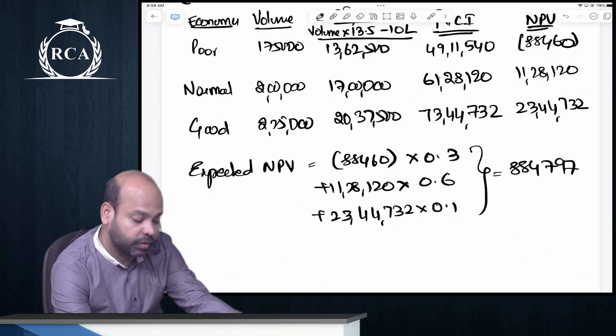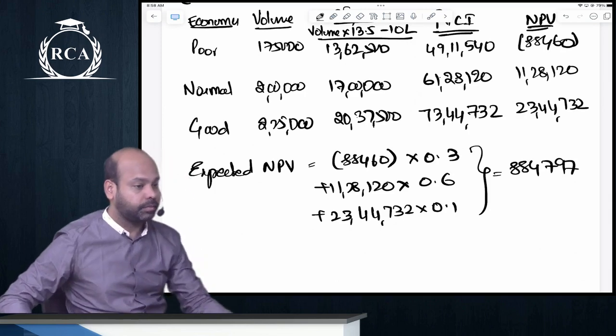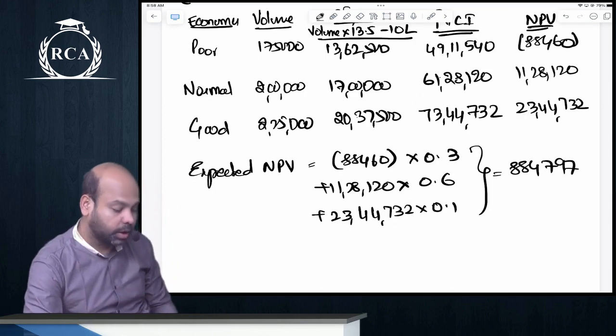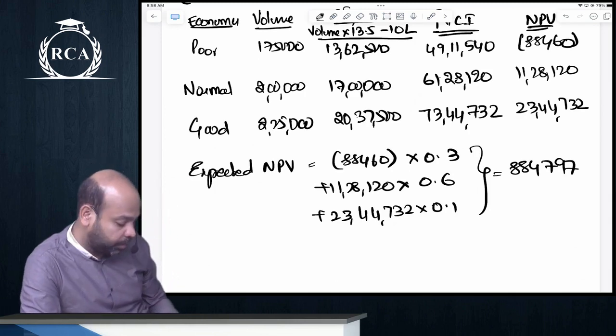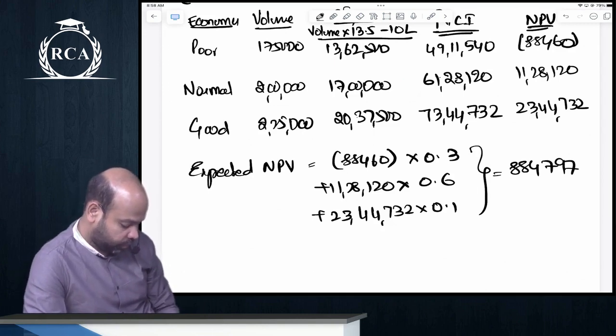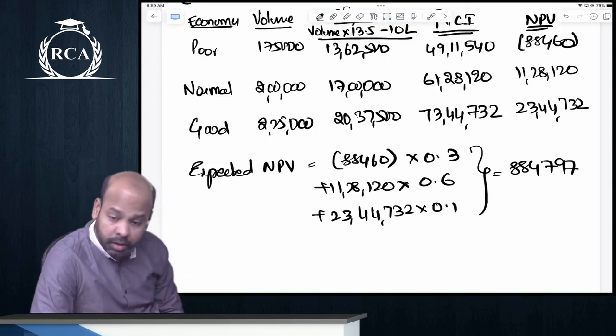And there is a 30% chance of the NPV being negative.